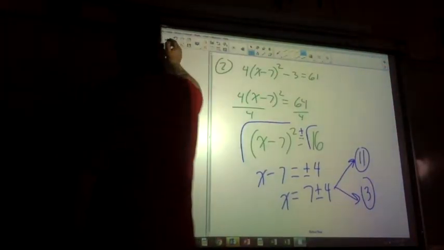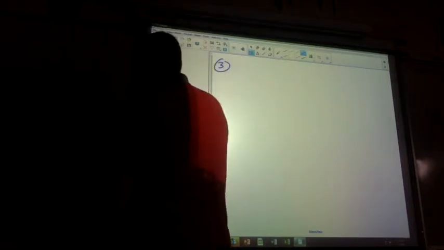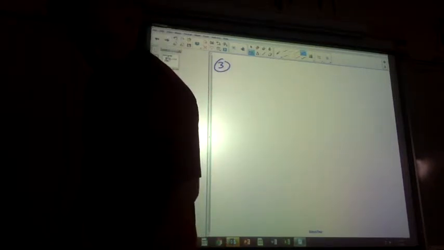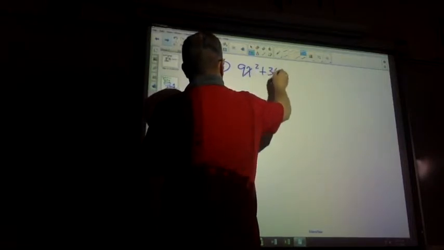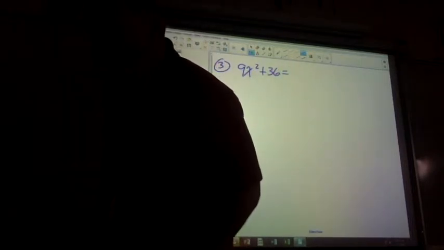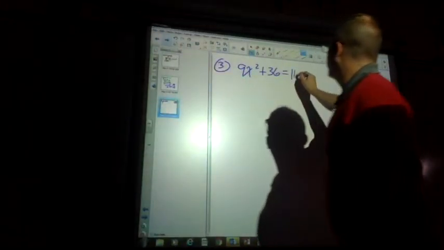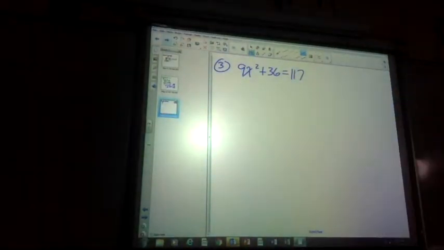Number 3, we have 9x squared plus 36 is equal to 117. Is that right? So I guess I could make it equal to 0 by bringing the 117 over by subtracting it and then plug into the quadratic formula.